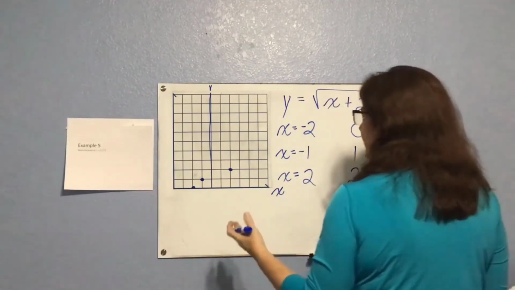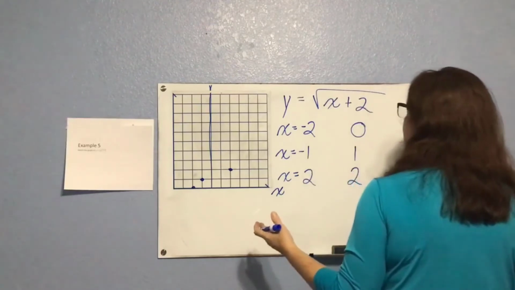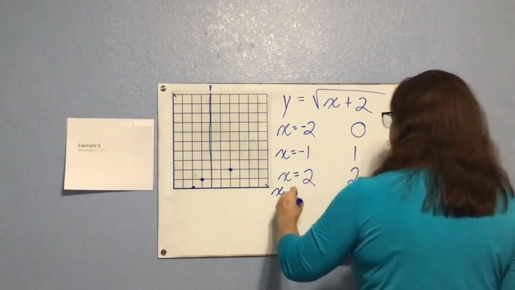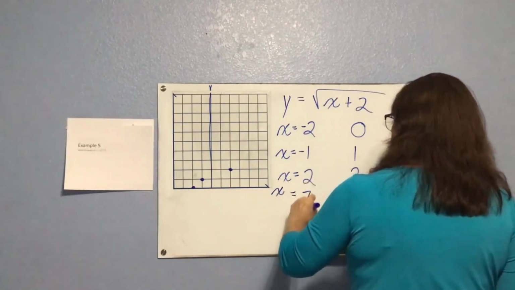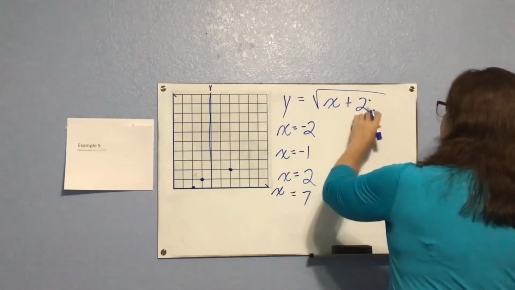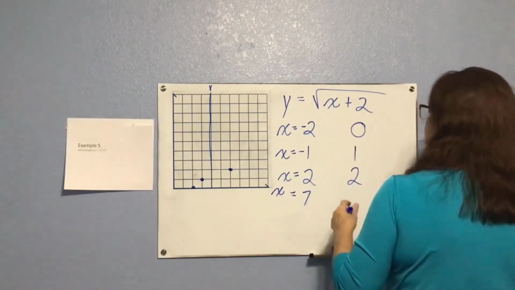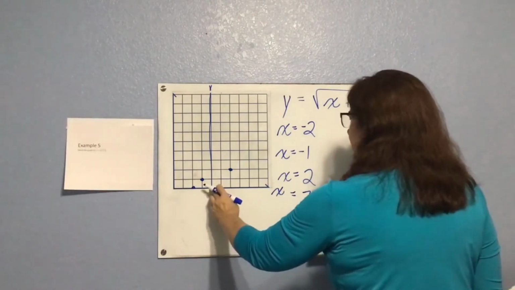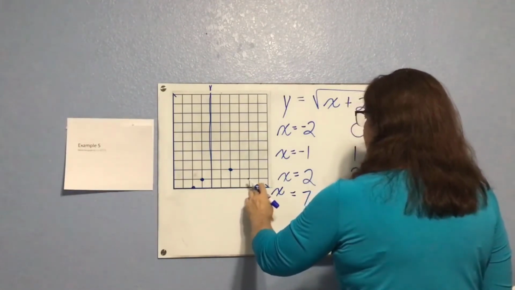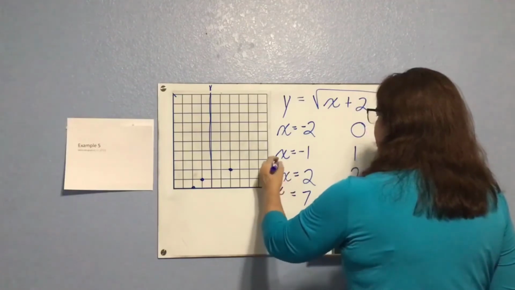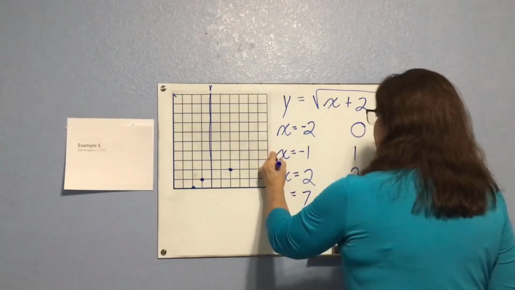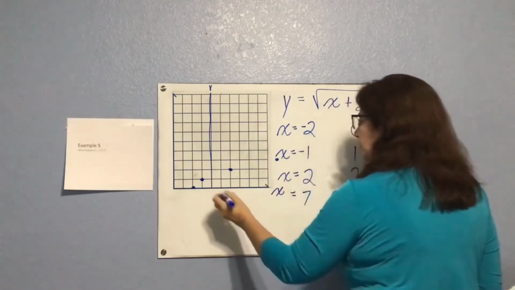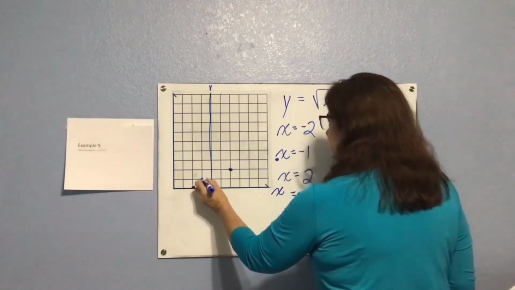If you don't feel like that's enough, you could always put in, let's say, x equals 7. 7 plus 2 is 9, and the square root is 3. So I could come over here, and I'd be a little bit off of my graph. But there's another point. So this is my graph.